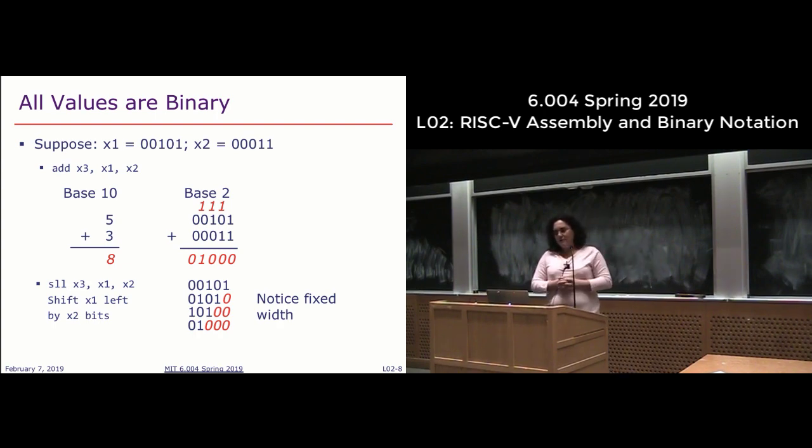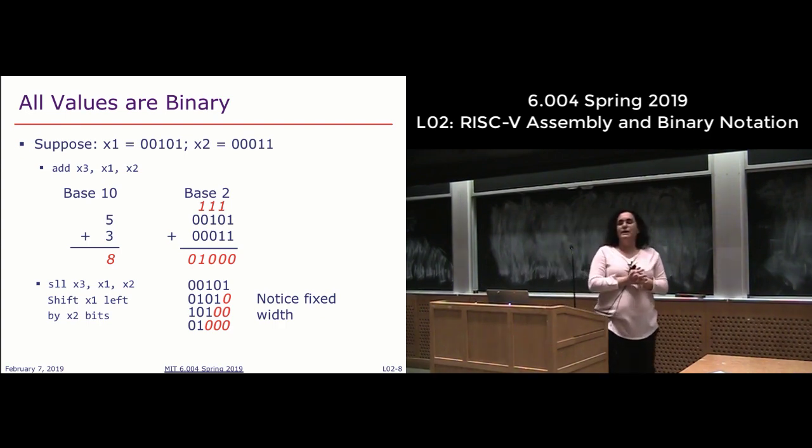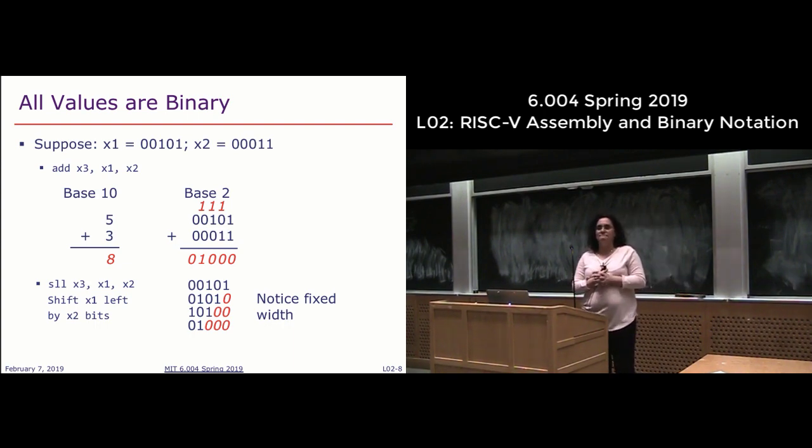So suppose that I have two 5-bit quantities. I have x1, which is 00101. Who can tell me what that's equal to in decimal? What's that? I hear 5. Can you tell me how you got to 5?